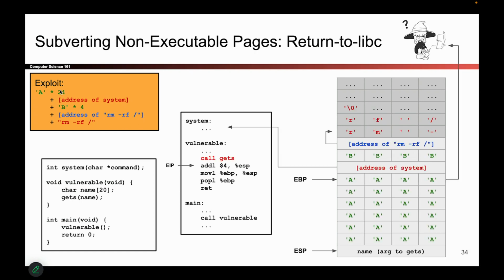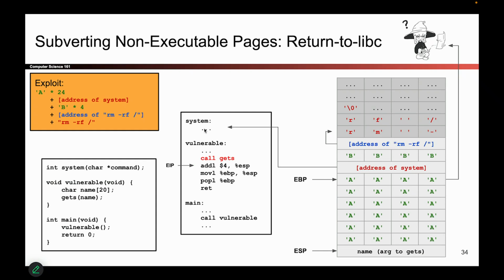So first, we have a bunch of garbage bytes. And the garbage bytes overflow name. They overflow the SFP of vulnerable, just like in a classic buffer overflow attack. But instead of overwriting the RIP with the address of shellcode, we are now overwriting it with the address of system. So now when the program wants to return, it's going to go to this address, which just so happens to be the instructions of system.